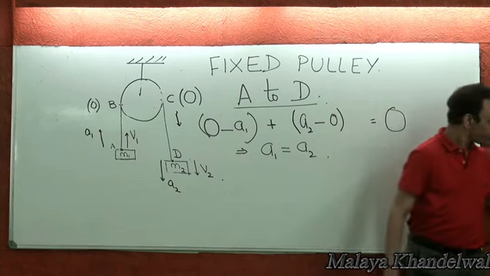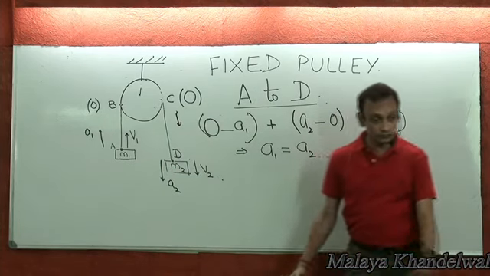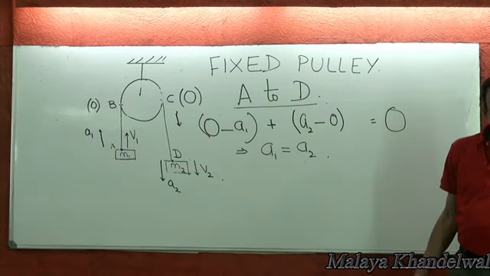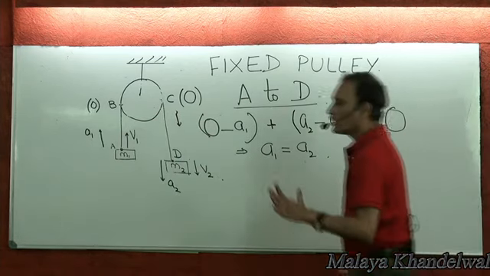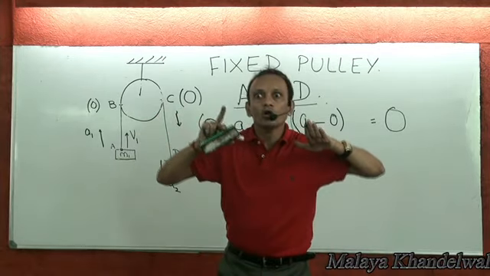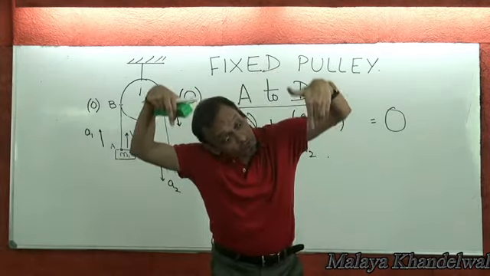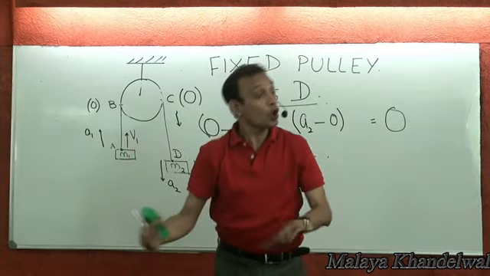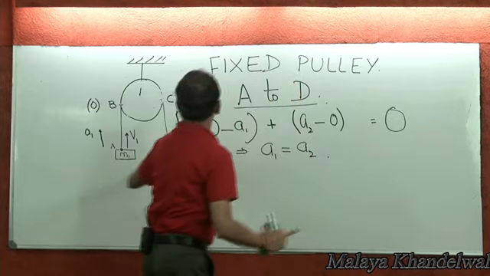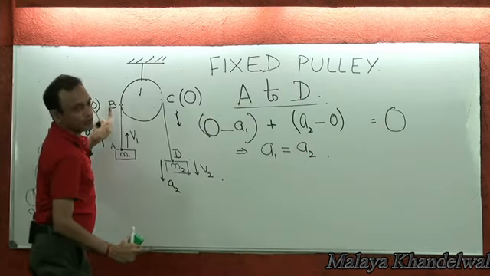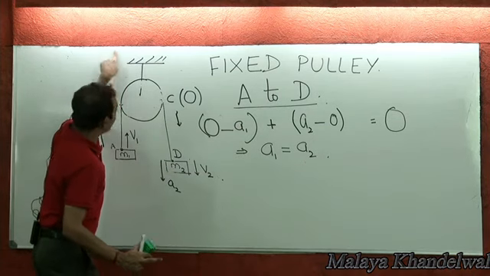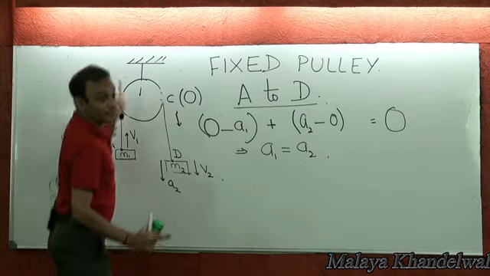So if we take velocity or acceleration upwards as positive, downwards should... No, it's not upward positive, downward. I'm saying, listen to me very carefully: all velocities in the direction of traversal of the string positive, opposite to the direction of traversal of the string negative. Okay? So let's say when I'm going from here to here, this is my direction of traversal. So velocity of B in this direction minus velocity of A in this direction.